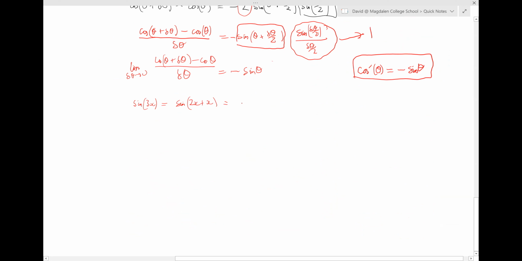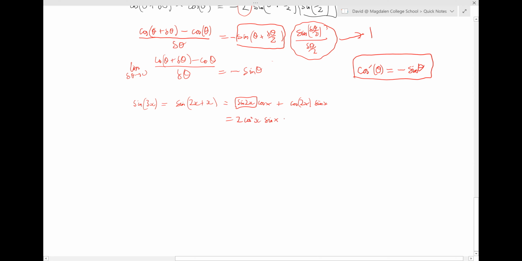Then I can use my compound angle formula to get sine 2x cos x plus cos 2x sine x. Sine 2x, of course, is 2 cos x sine x, so it becomes 2 cos squared x sine x.